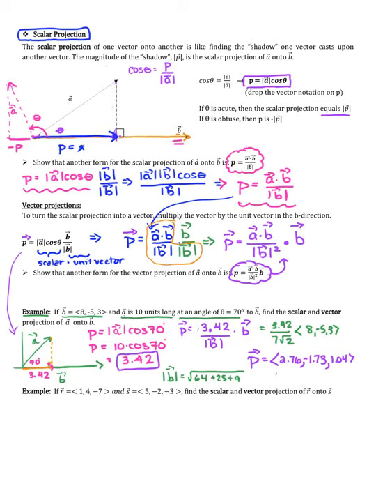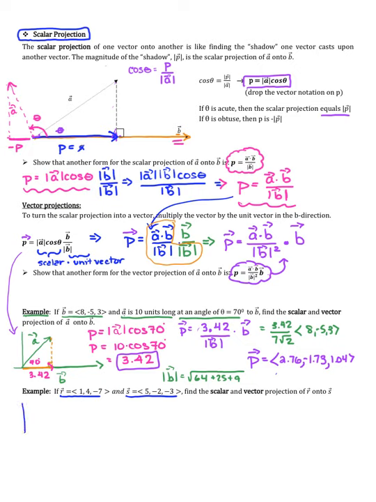Okay, now that was given, it was nice. Our force was given to us as a magnitude. We knew the angle between them. B was in component form. That's fine. What happens if both our vectors, both our force and our projection vector, come to us in component form?